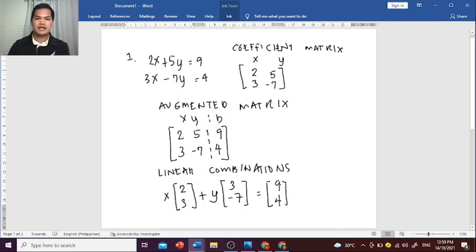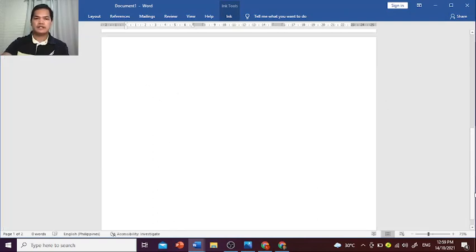So this is how we're going to convert the linear system into coefficient matrix, augmented matrix, and linear combinations. So let us have our second example.